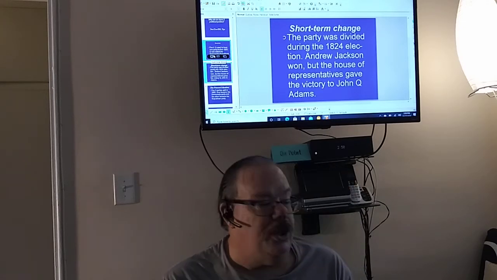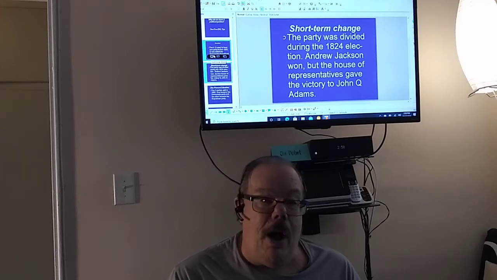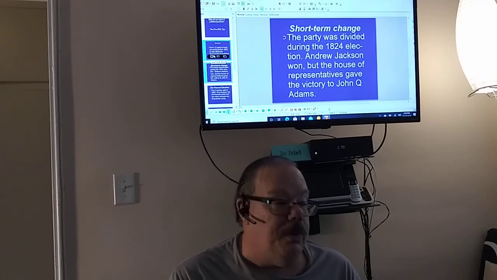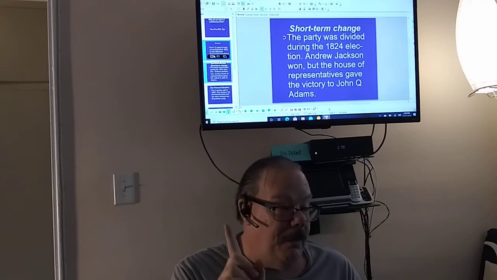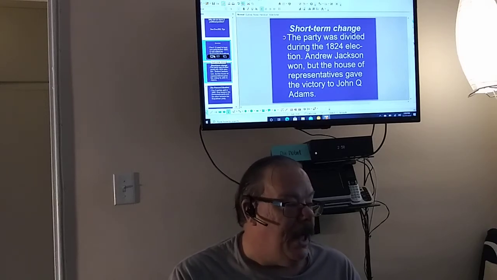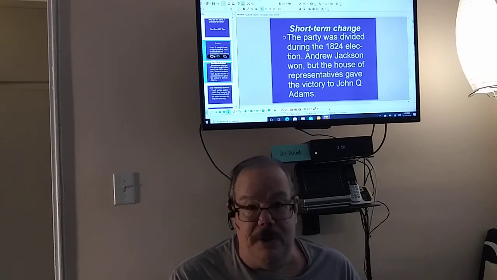Okay, the short-term change. The party was divided during the 1824 election. Andrew Jackson won, but the House of Representatives gave the victory to John Quincy Adams.